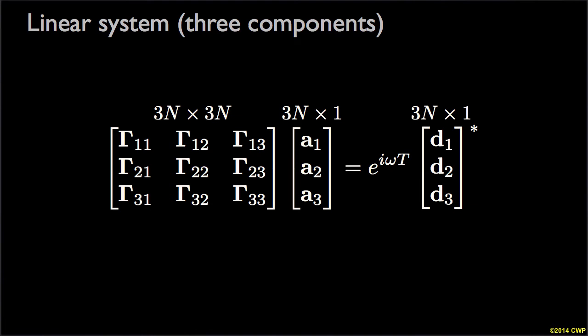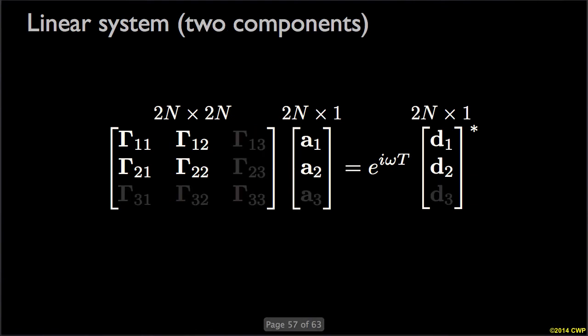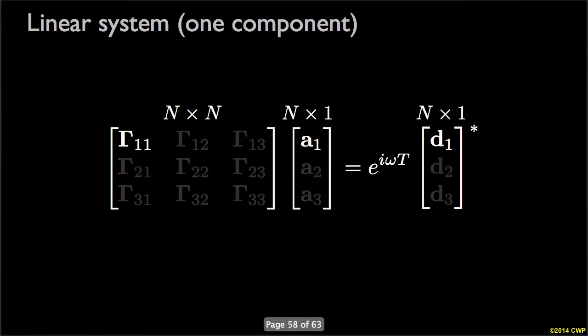In which case, all we need to do is to ignore the parts that contain the third component and get a 2D version of the linear system. And similarly, we can modify this to get a 1D version of the linear system, as the equation shown here. And this equation is exactly similar to the equation I showed to you yesterday in the acoustic case, where we had just 1 pressure component.